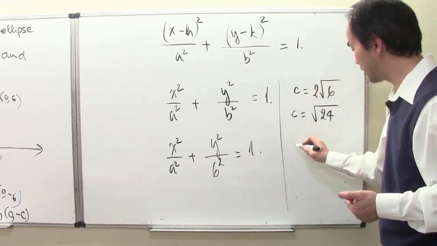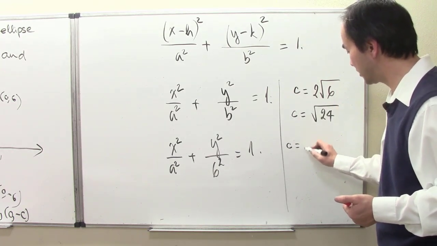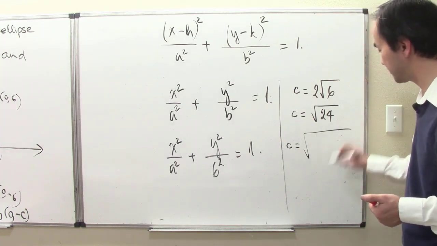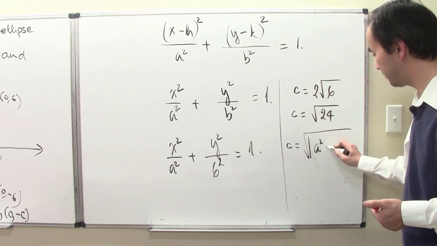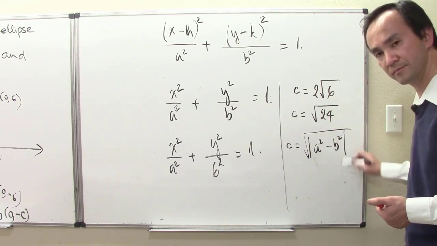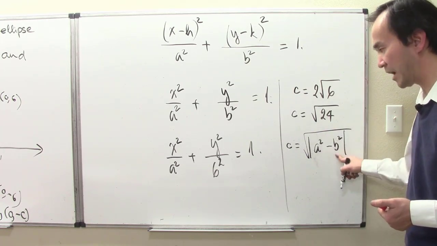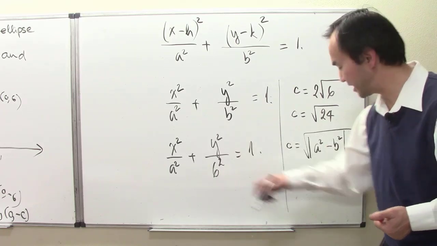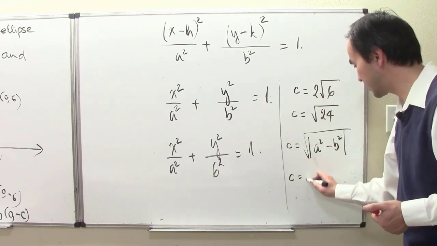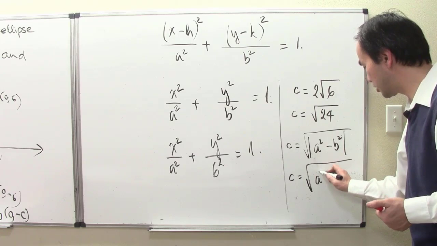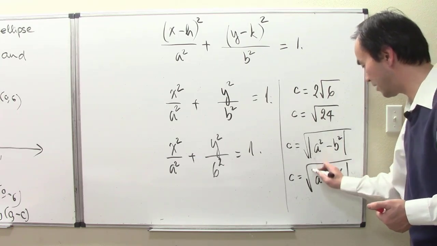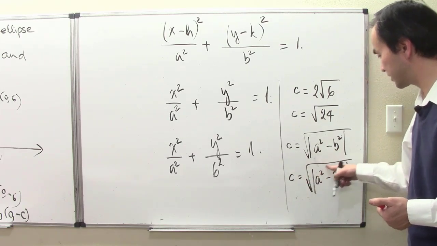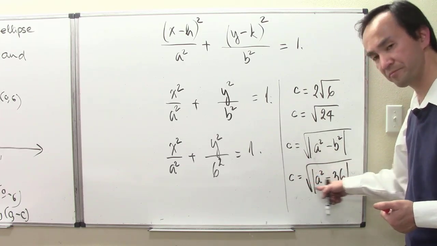All right, and so c further is understood to be the square root of the absolute value of a squared minus b squared. We have already found b being 6 right here. So in that case I'm looking at the square root of the absolute value of a squared minus 36 equals c.